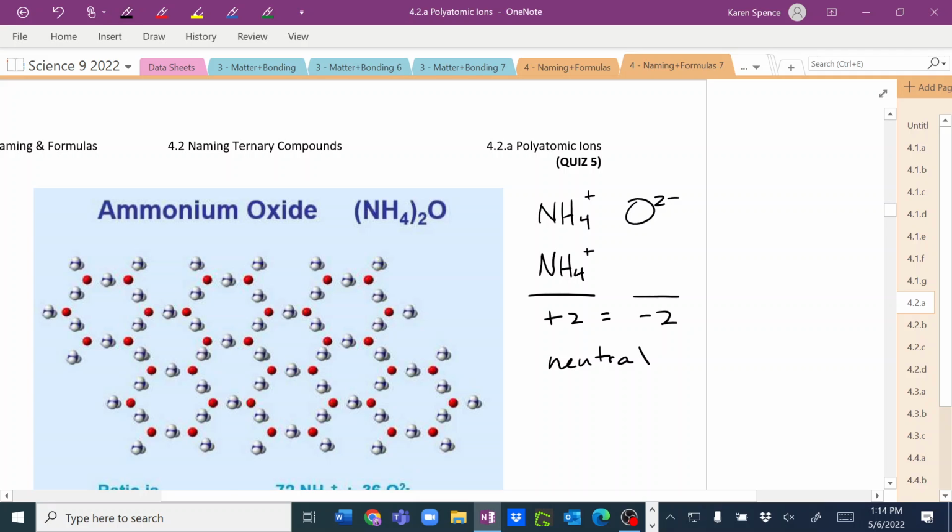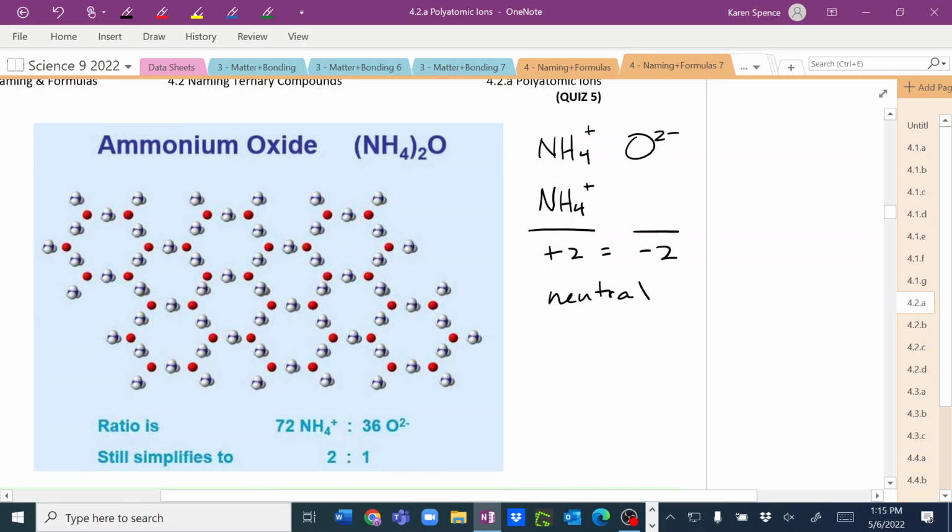And you can see the ratio. I actually hand cut and pasted each one of these things onto there so that we had a lovely little ratio. There are actually 72 NH4s and 36 O's. And if you simplify that, that is a 2-to-1 ratio.